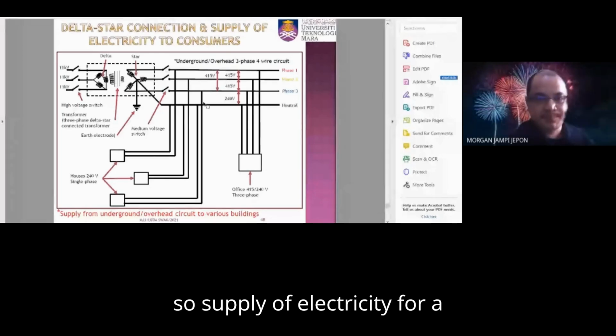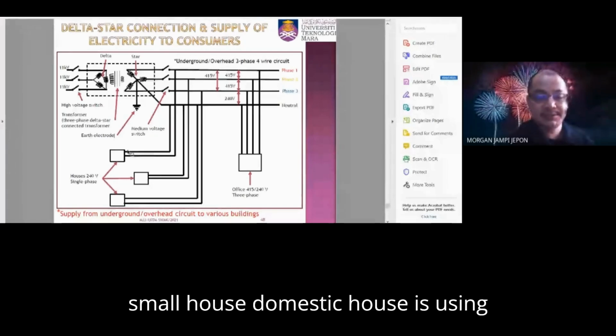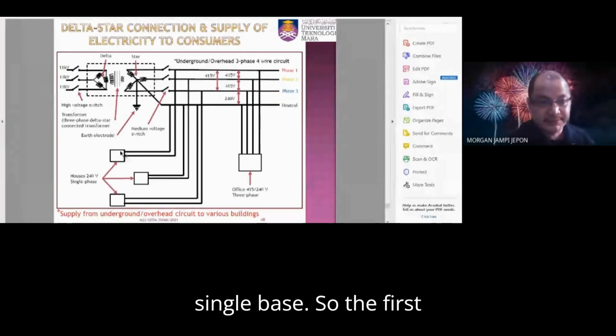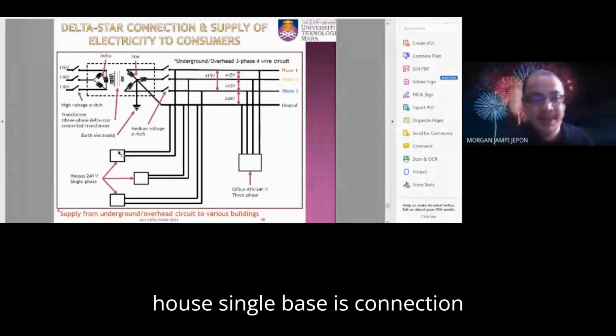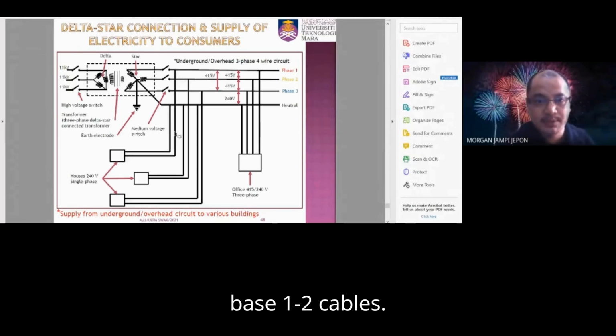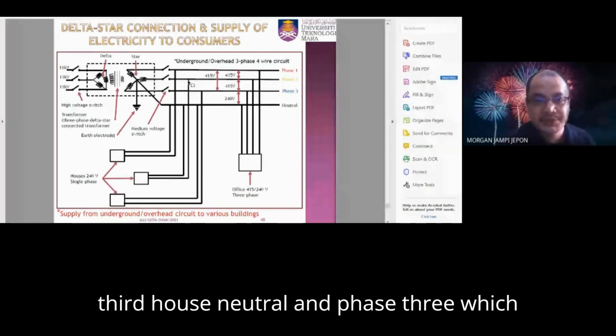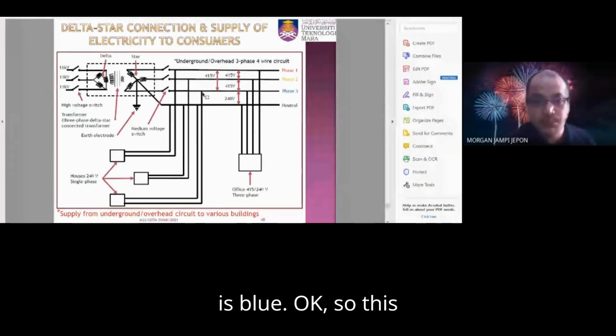Supply of electricity for a small domestic house is using single phase. The first house, single phase, is a connection for neutral and phase one, red, two cables. The second house has neutral and phase two, which is yellow, and the third house has neutral and phase three, which is blue.